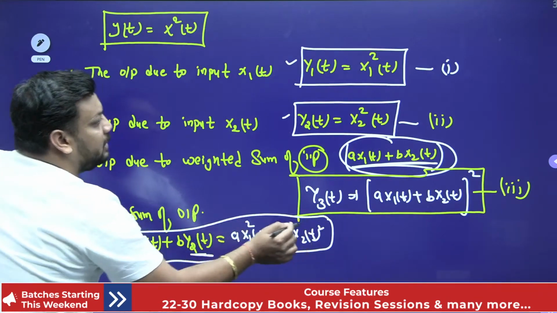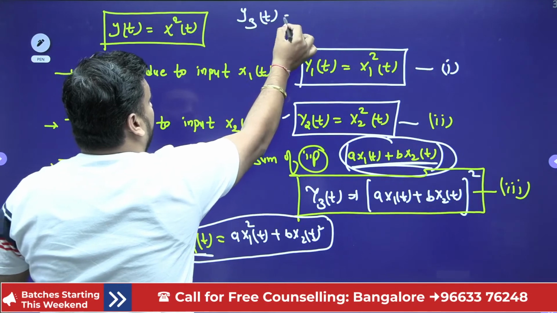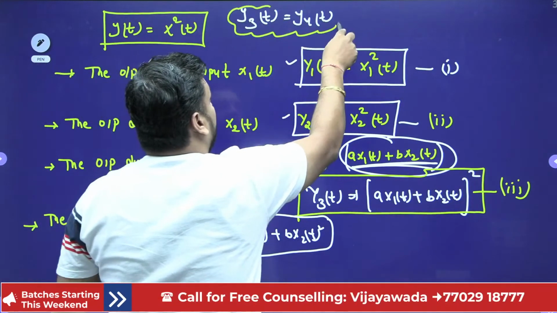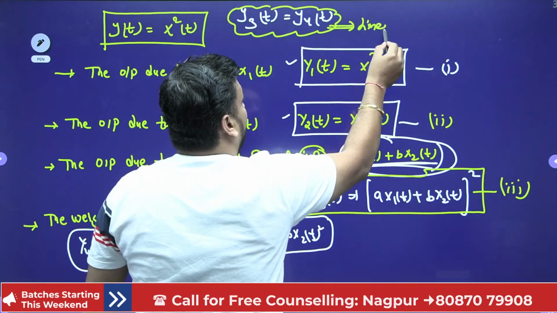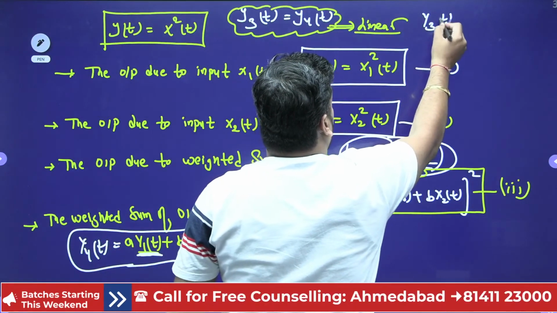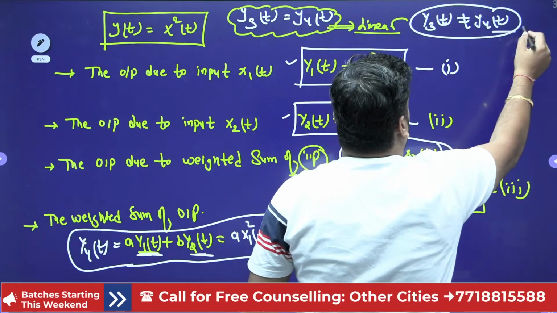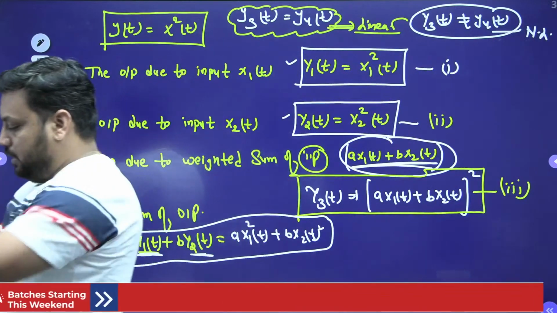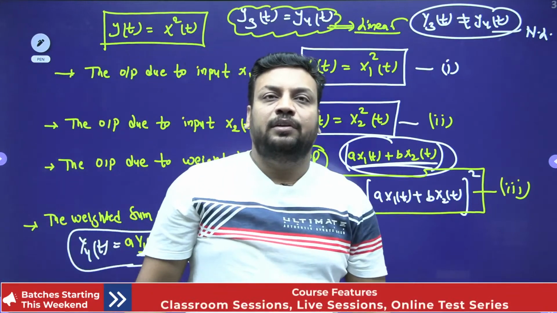To make the system linear, y3(t) should be equal to y4(t). If y3(t) is equal to y4(t), then we will say the system is linear, otherwise non-linear. If y3(t) is not equal to y4(t), the system will be directly non-linear.